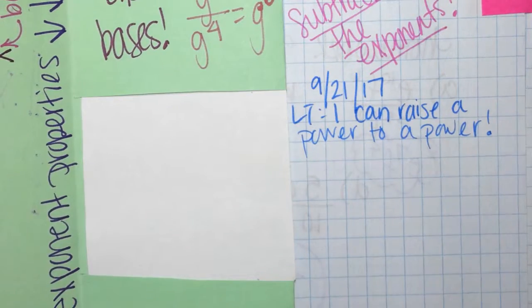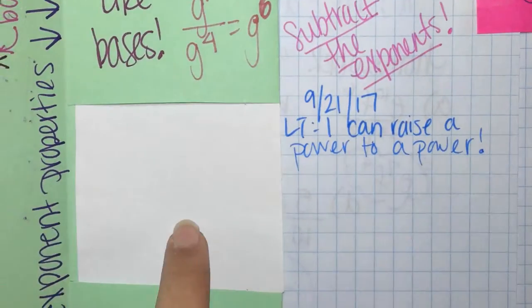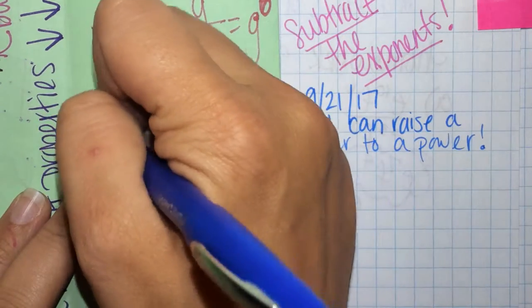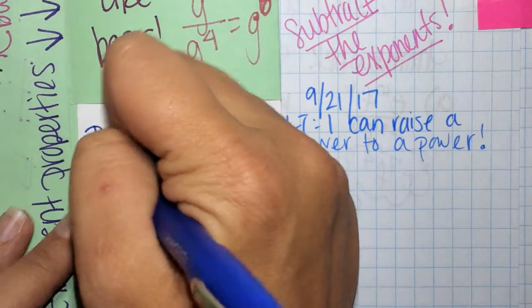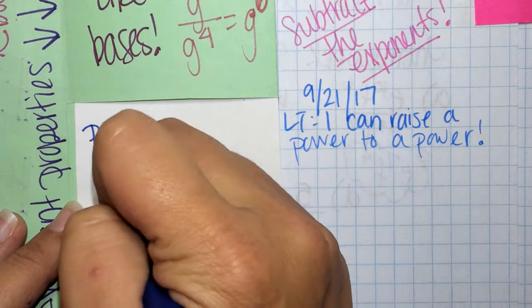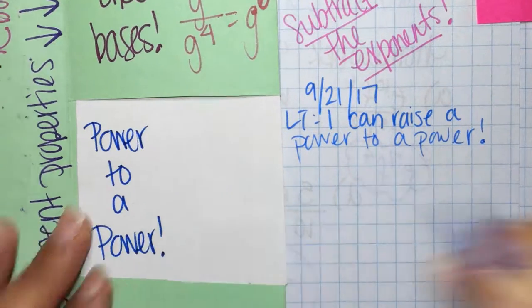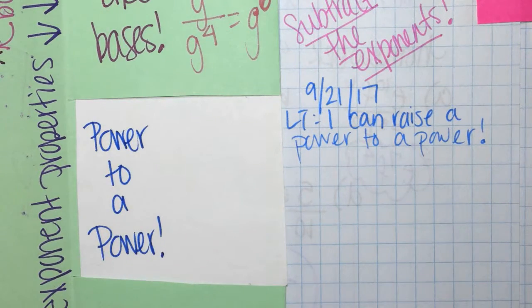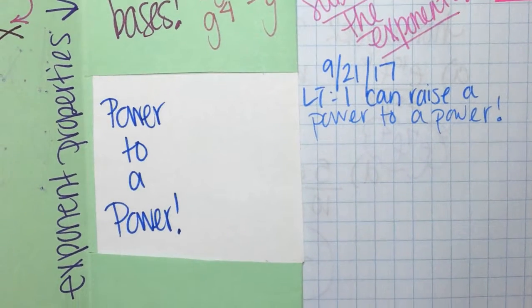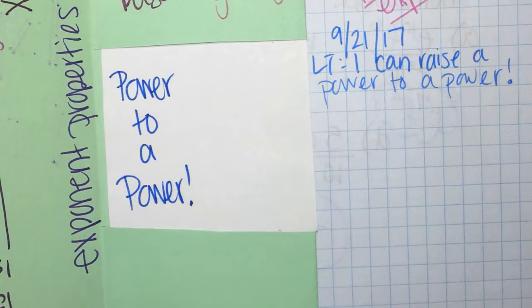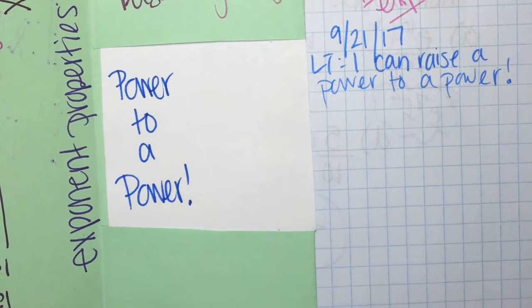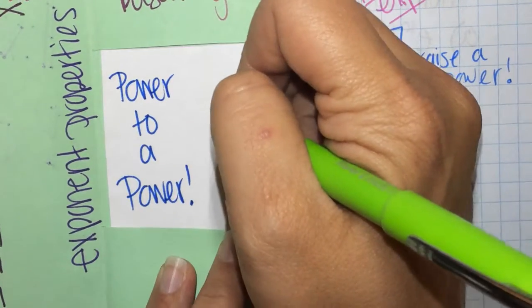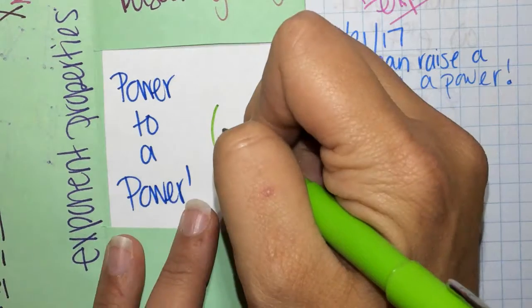Alright, so let's open our flappy. This is underneath dividing like bases. Power to a power. So, this is what it looks like.